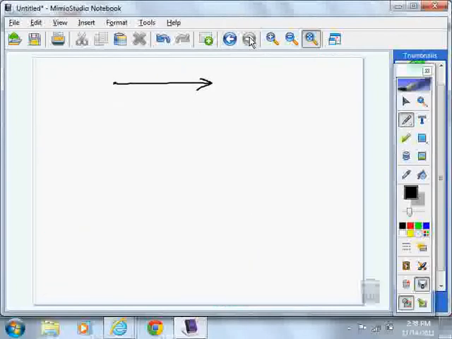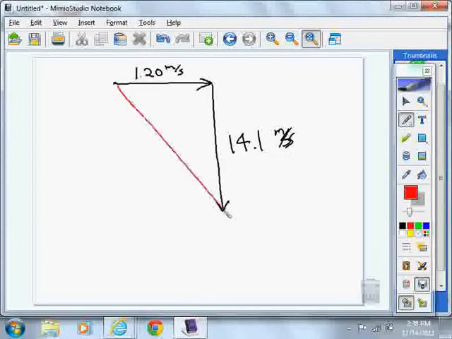1.2, 14.1, and I find the resultant velocity.